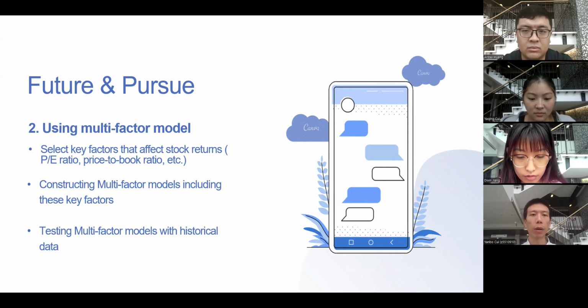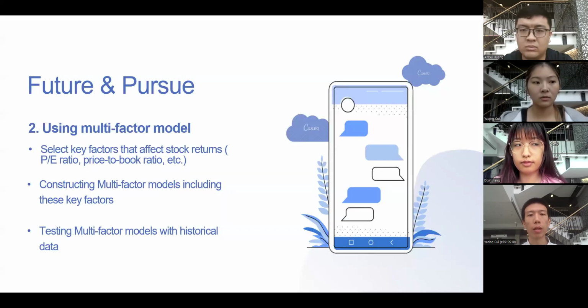In the stock market, there are many factors that can affect stock prices, such as the PE ratio, which is the ratio of stock price relative to company earnings, and the price to book ratio, which is the ratio of stock price to company book value.